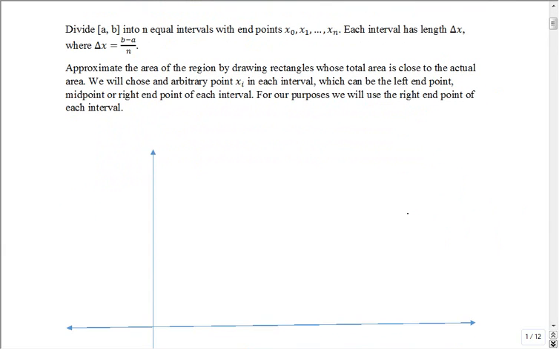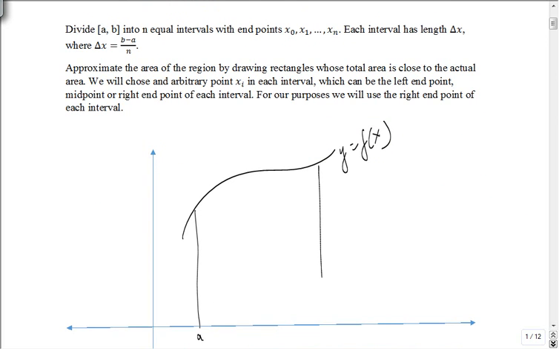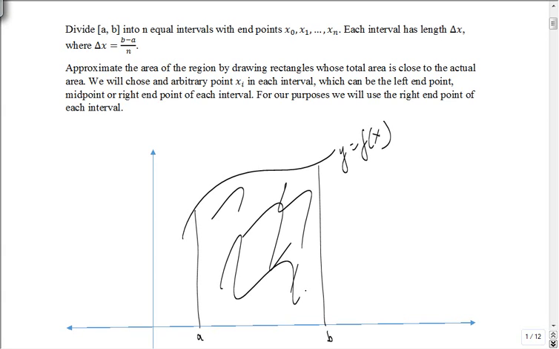So let us say this is the function that you want to integrate, y equals f of x, between a and b. This is what you want to find the area of. So what you did was divide [a, b] into n equal intervals. I'll not put all of them.